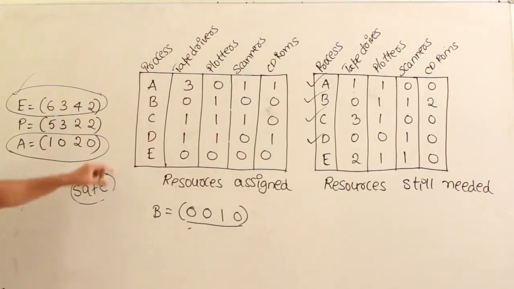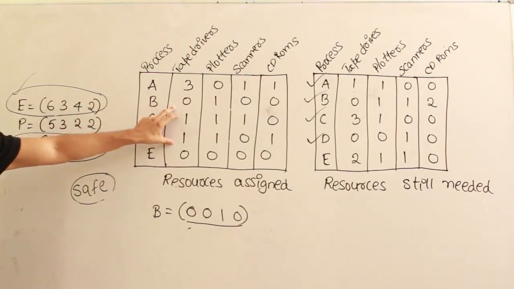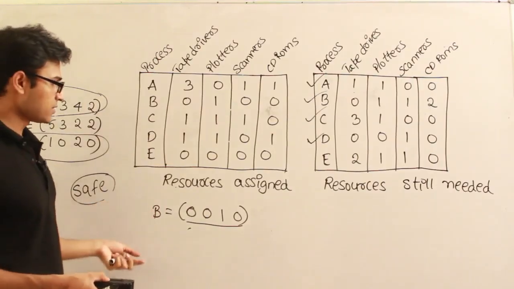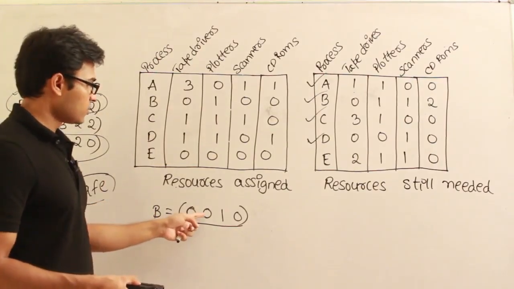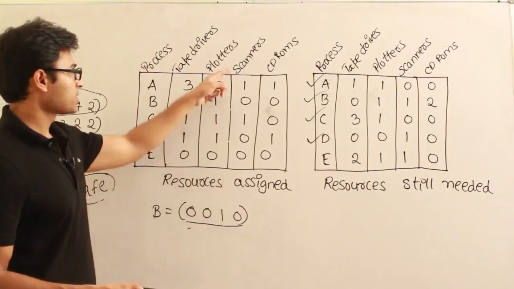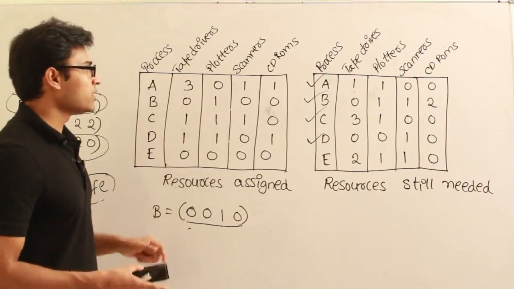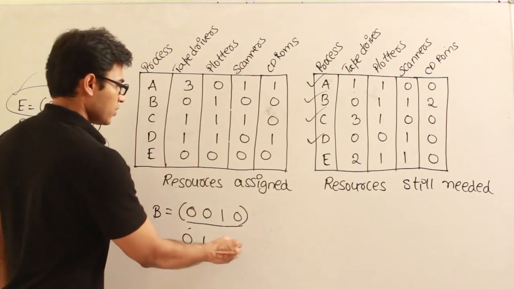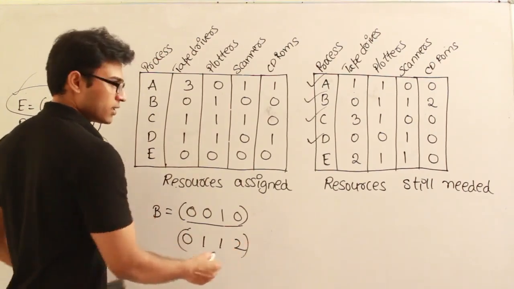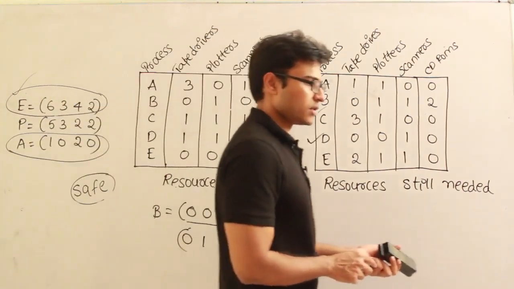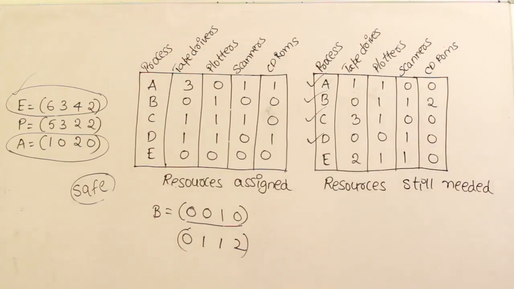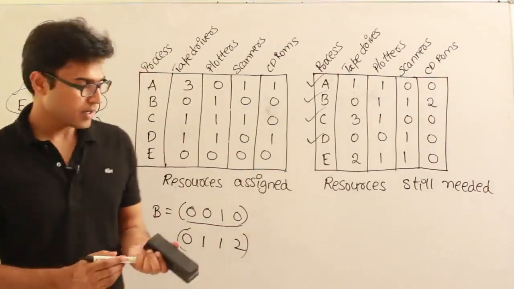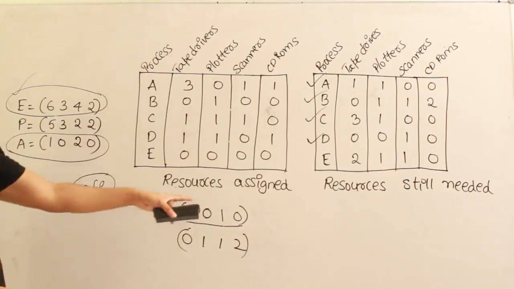So now watch it. This is the state, and now the operating system has got a new request from B, asking us to give it 0 0 1 0, which means it is asking for one scanner right now, even though it requires 0 1 1 2 in total to finish its execution. Right now it is not asking for everything, only one resource, which is 0 0 1 0.